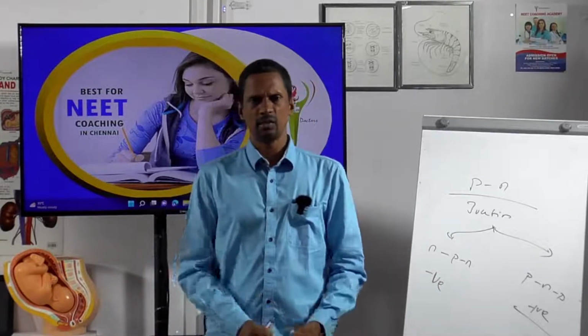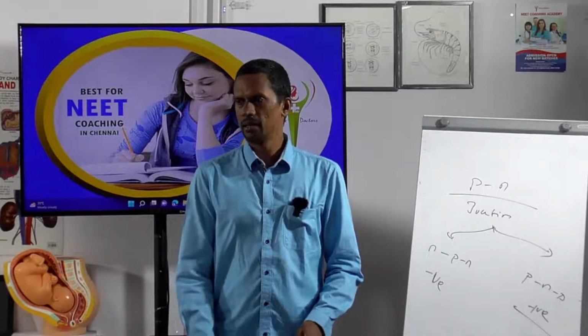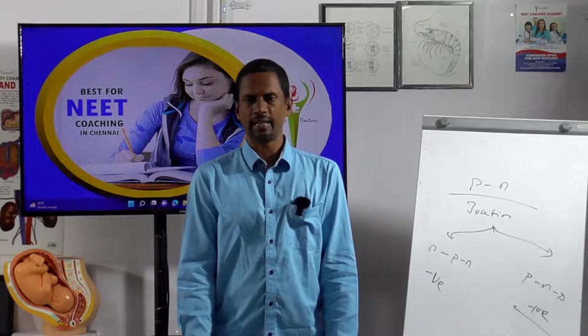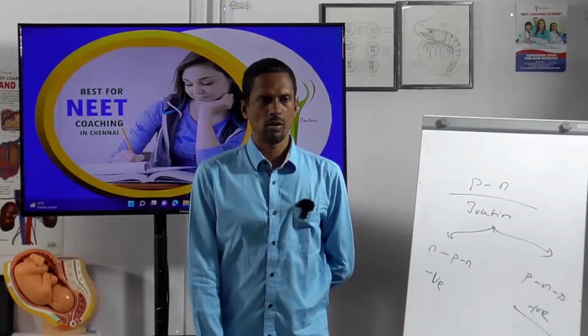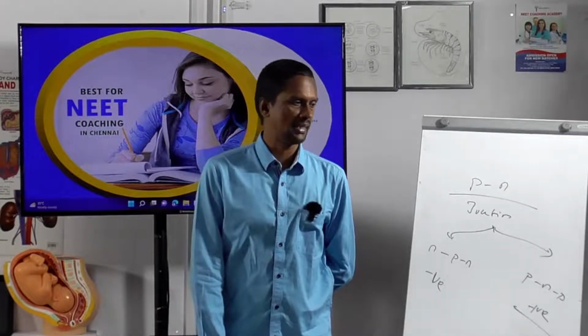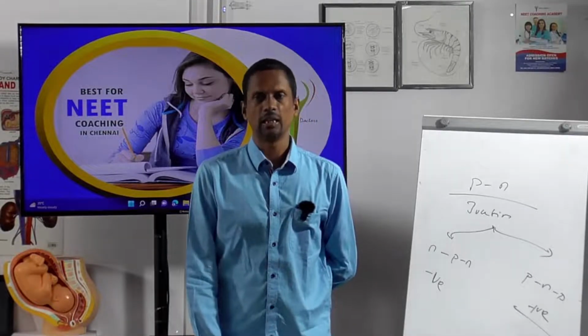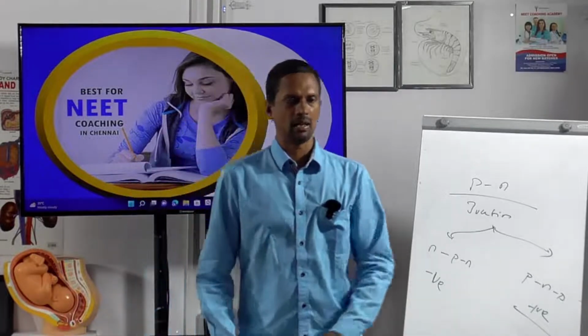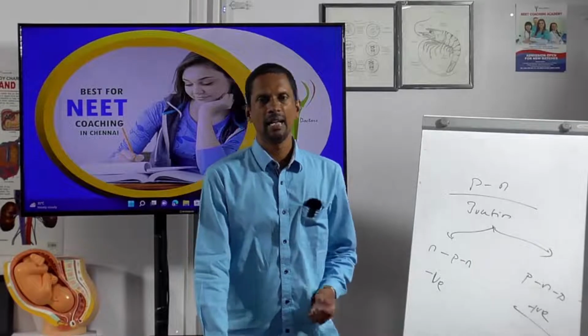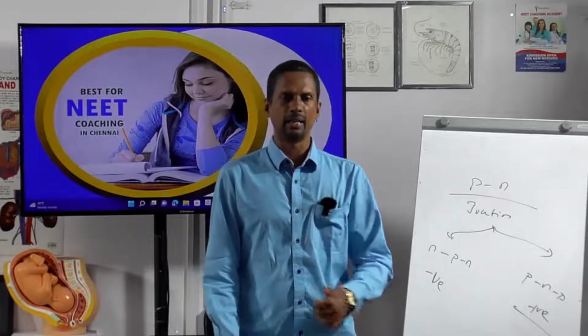Emitter, base, collector, you know, right? Emitter is the one which emits the electrons. Collector is the one which collects the electrons emitted by the emitter. Base is the one that connects the emitter and collector.